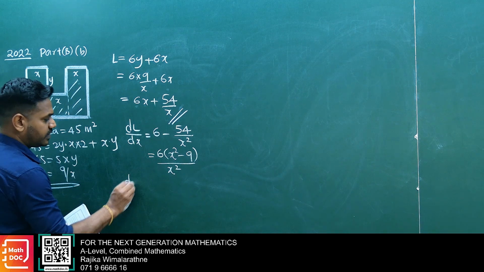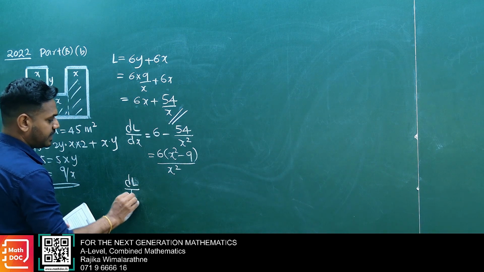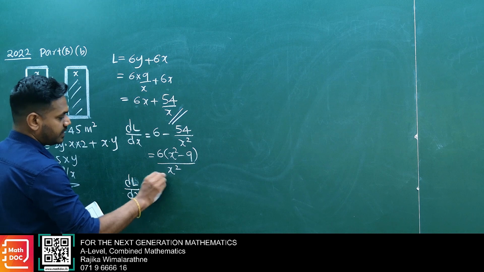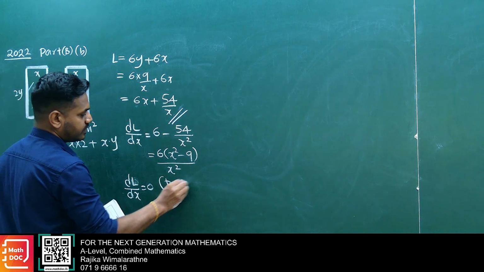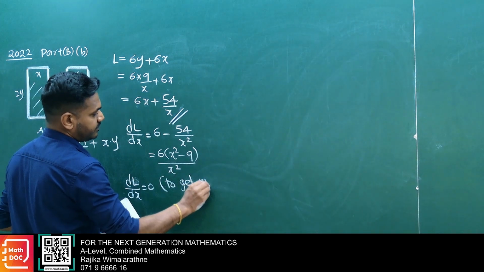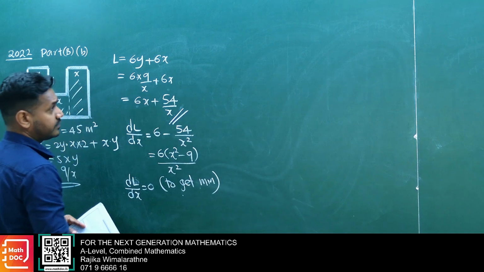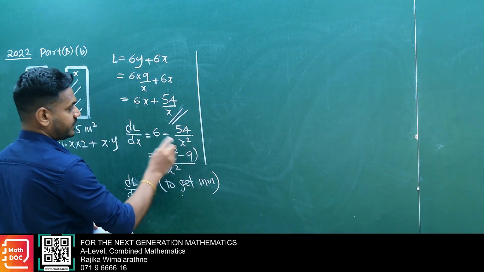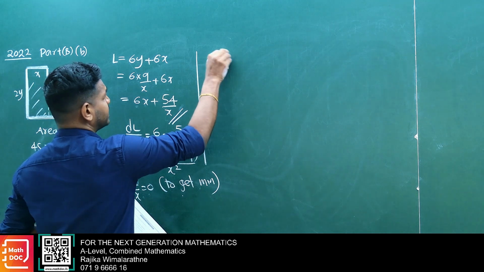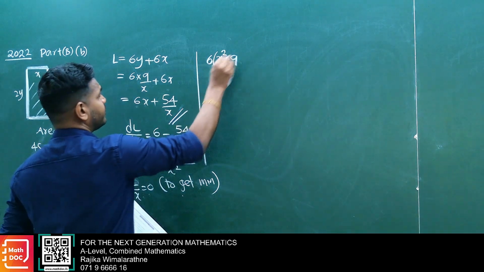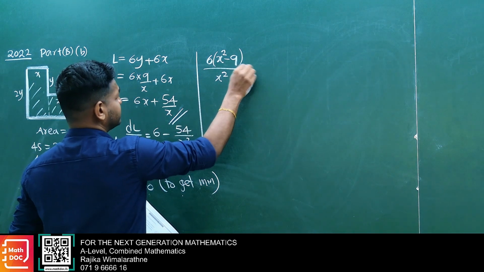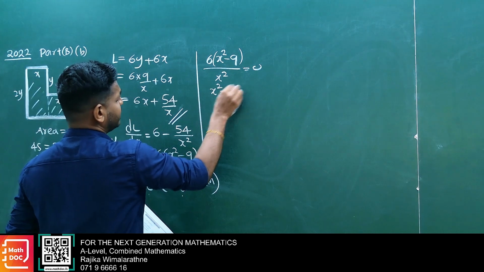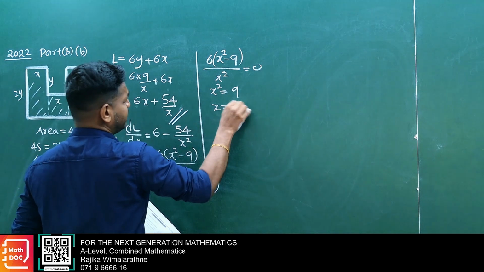Then you have to solve dL divided by dx equal to 0 to get the minimum. Therefore dL over dx equals 0, so x squared equals 9, x equals 3.